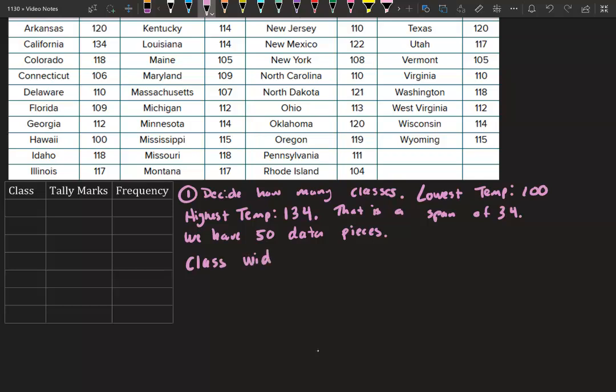So now we're going to find the class width. So basically it's like the scale of like 100 to 110 or 100 to 103. We're finding that scale. So our class width is our largest value minus our smallest value, and then we're going to divide that by how many classes we want.